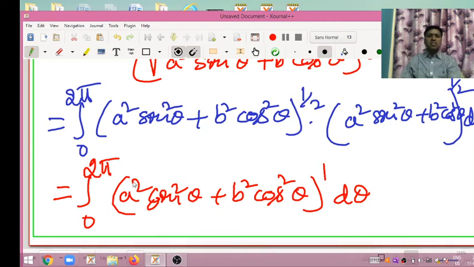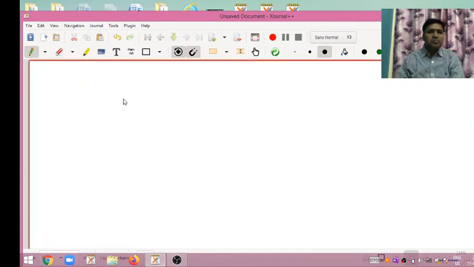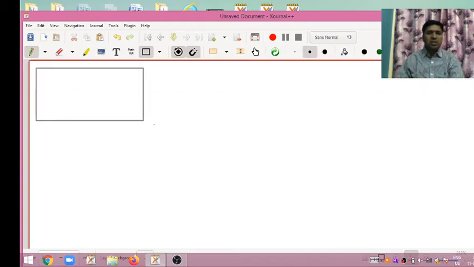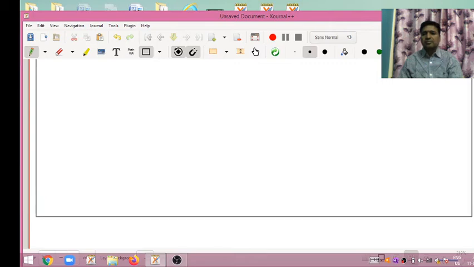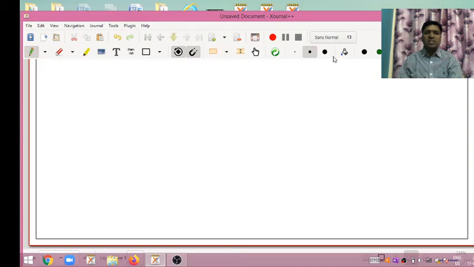Actually, this is one of the formulas. Just a second, my dear friends. I will make a border of this page. Okay, now it's ready.